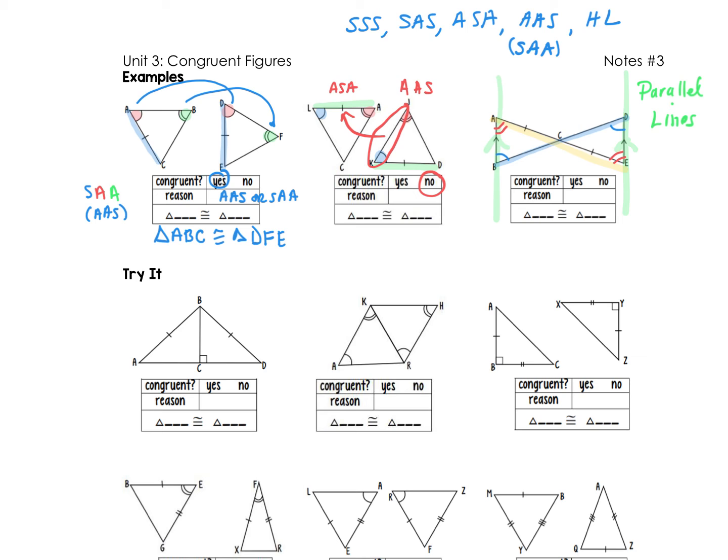Okay. And now if you notice, we also have congruent segments in here. So I've got angle, angle, side, congruent to angle, angle, side. So yes, these two triangles are congruent by angle, angle, side. Okay, with the naming of them, be really careful and use your markings to help you.